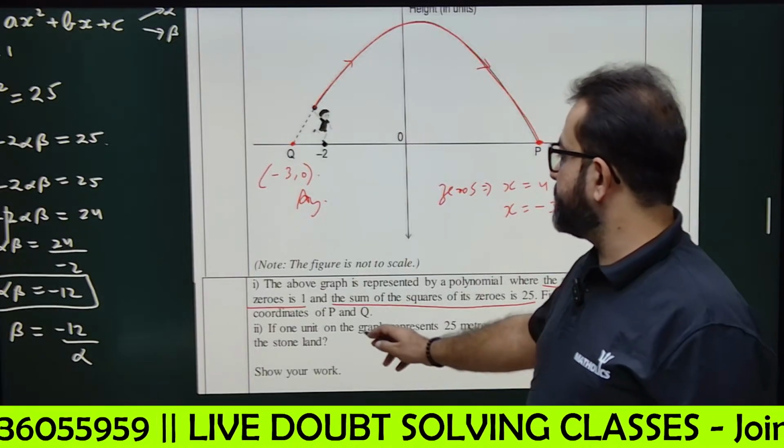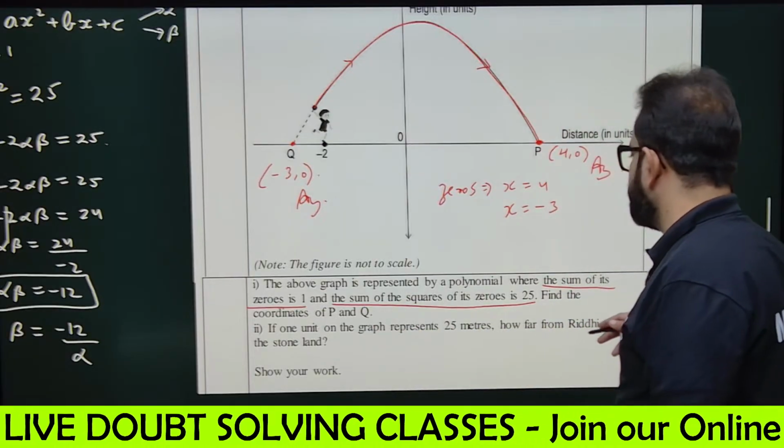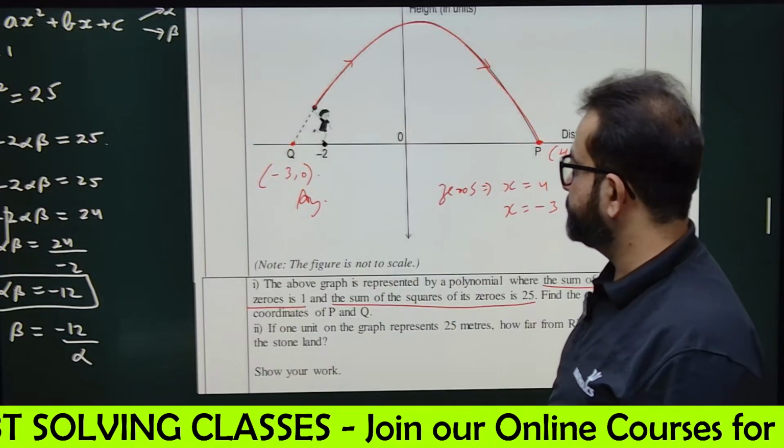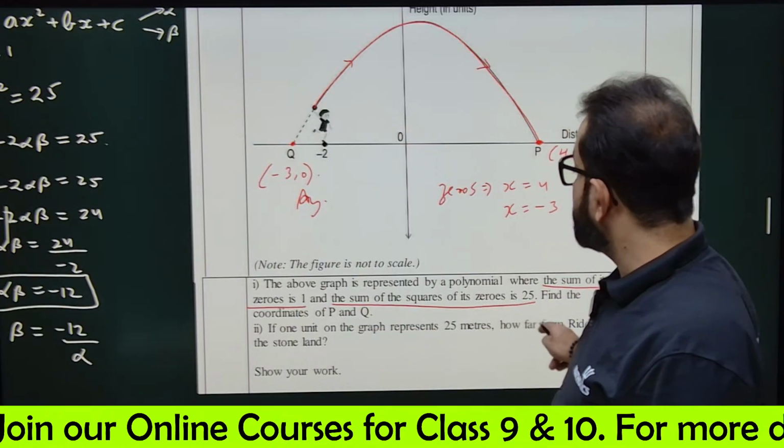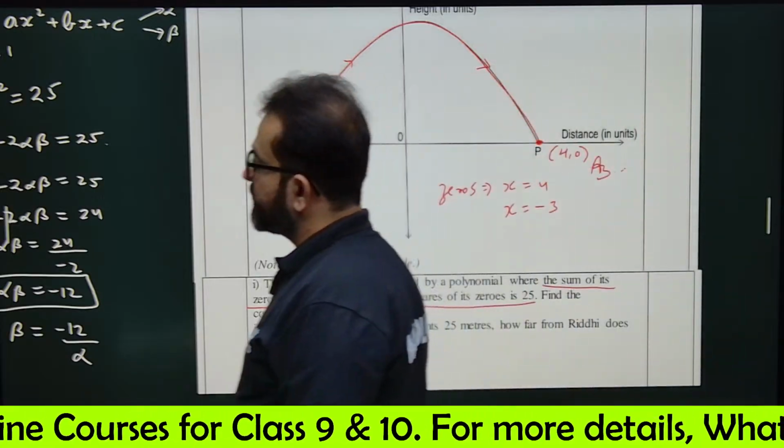Next part. If 1 unit on the graph represents 25 meters, how far from Riddhi does the stone land? Can anyone tell me?